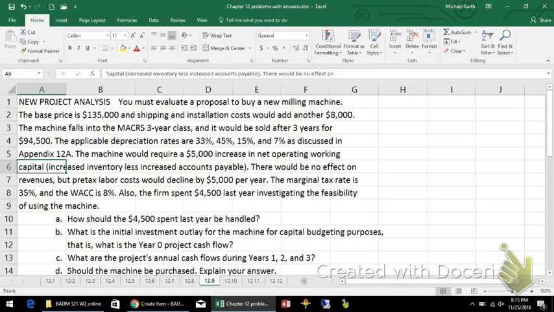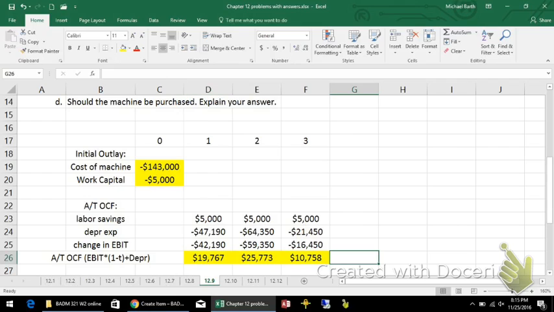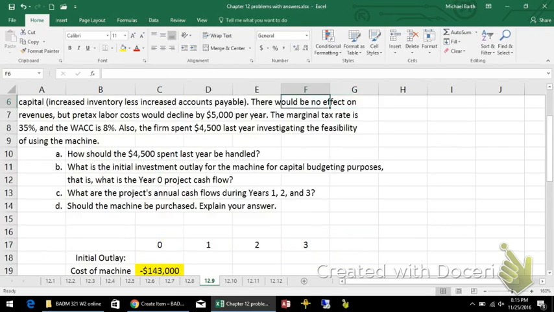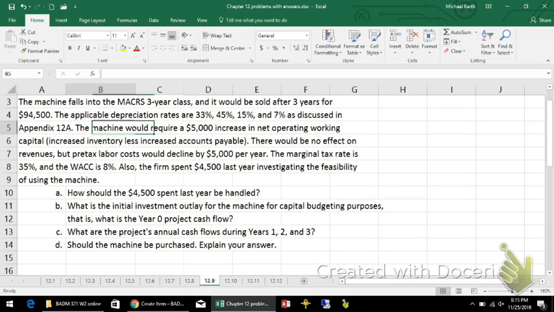It says that we can sell the machine at the end of 3 years for $94,500. The machine will have a book value, since we've used 33% plus 45% plus 15% of the depreciation. There's only 7% left for year 4.